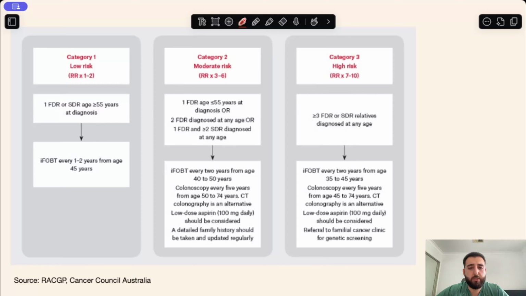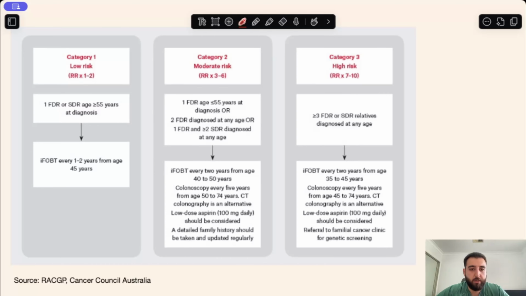Screening recommendations for category 2 are fecal occult blood testing every 2 years from the age of 40 to 49, and then colonoscopy from age 50 to 74, done every 5 years. It's recommended that patients in this category should start colonoscopy 10 years younger than the youngest relative diagnosed, or at 50, whichever occurs earlier.